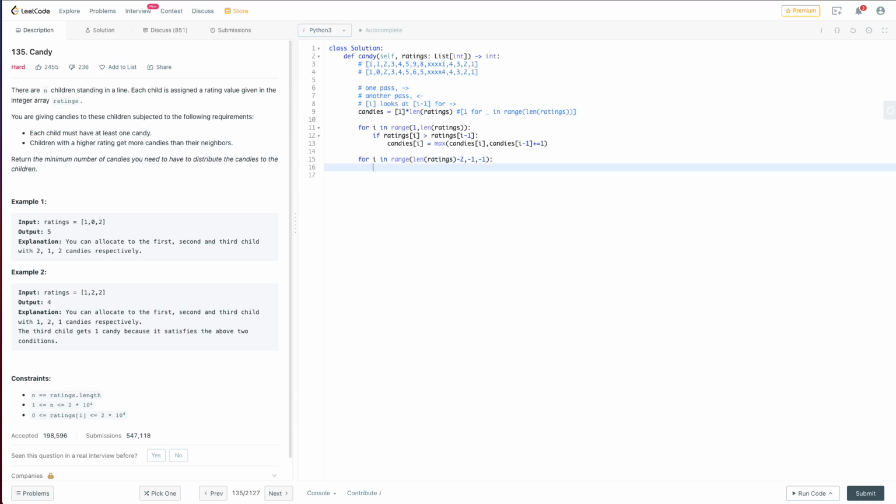So now if ratings of I is greater than ratings of I plus 1, so the first iteration checks the second to last to the length of rating minus 1, which is the last one, so it checks out. So if it is bigger, then candies of I must be whatever I had, comma, candies of I plus 1 plus equals 1.